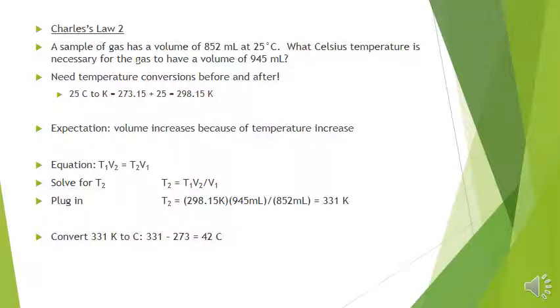All right, Charles' law number 2. This one's going to take a couple of steps, so we've got to pay attention to it. We say our initial volume, V1, and our initial temperature is 25 degrees, and our final volume is 945.